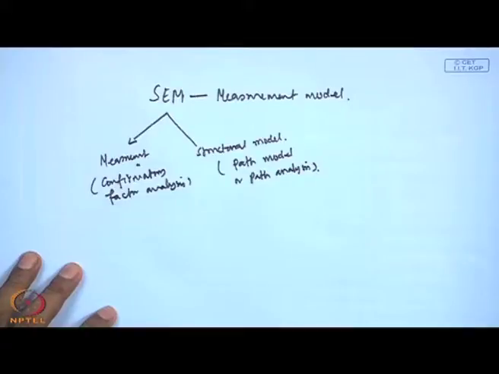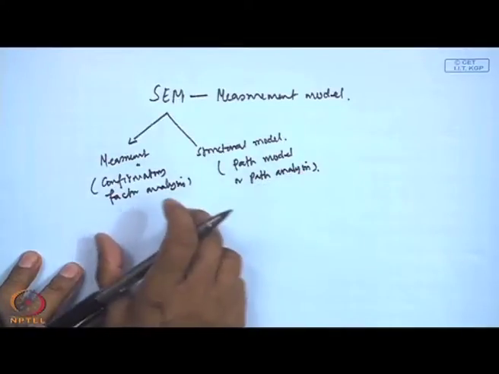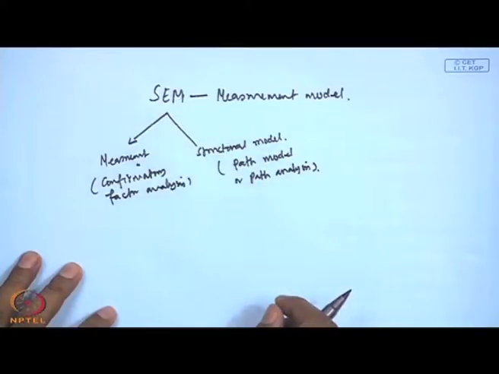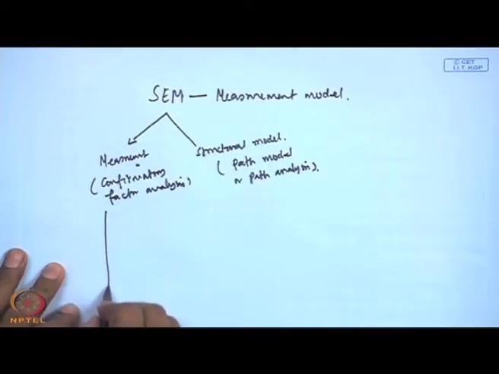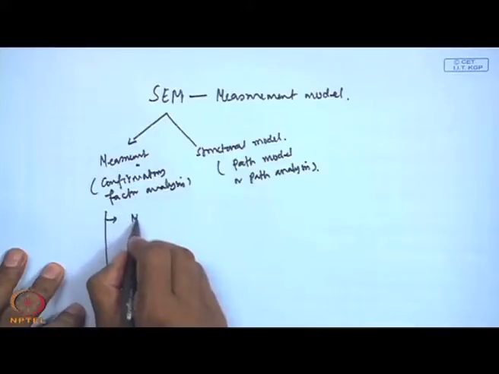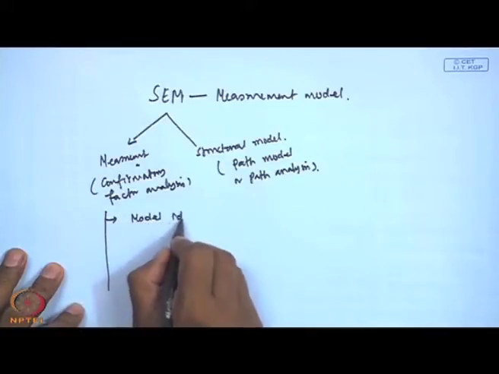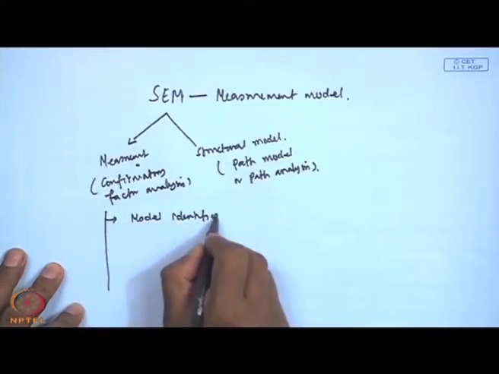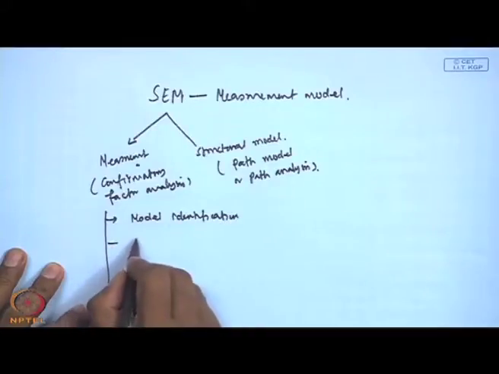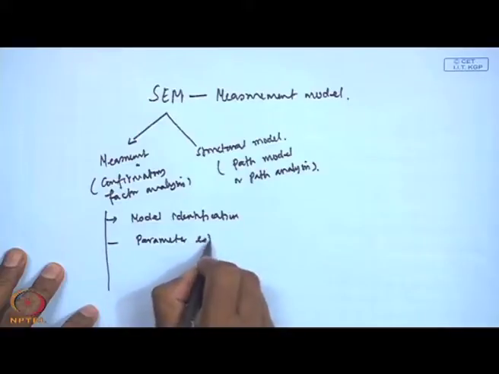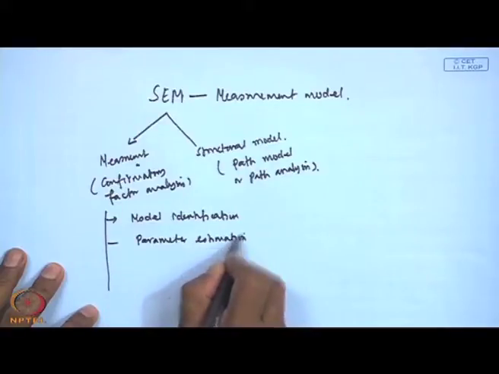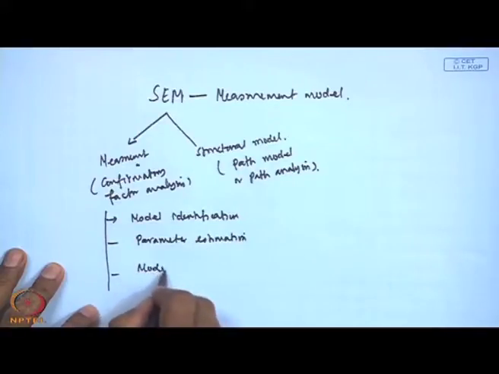For both models, the measurement as well as the structural part, there are three important steps. One is model identification, then parameter estimation, and model adequacy test.